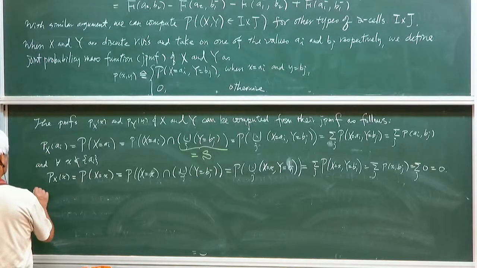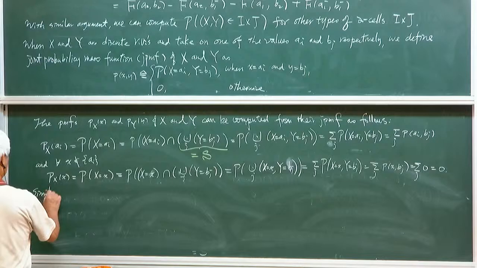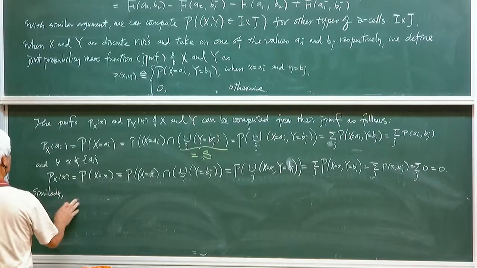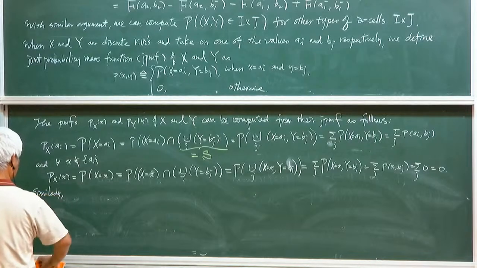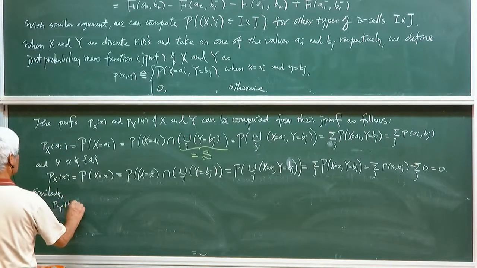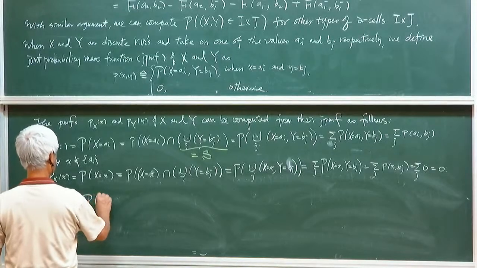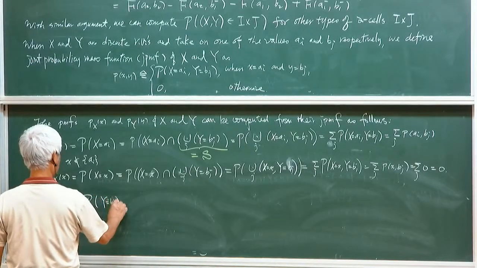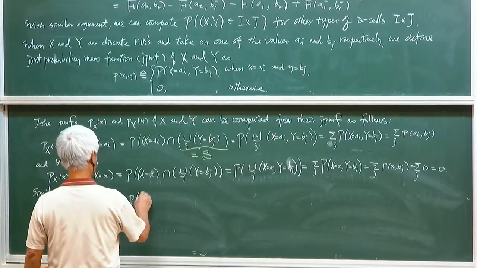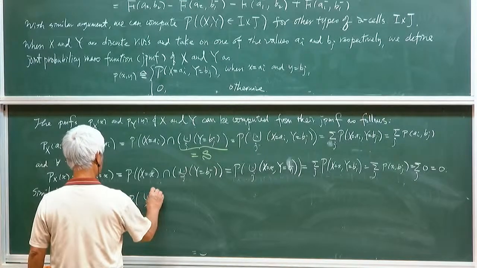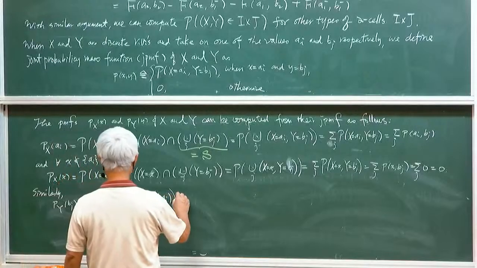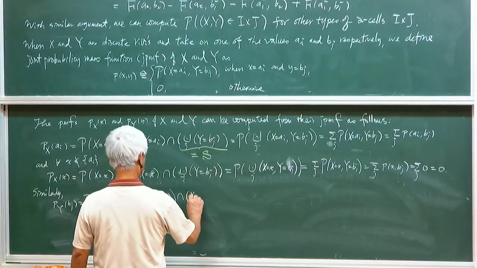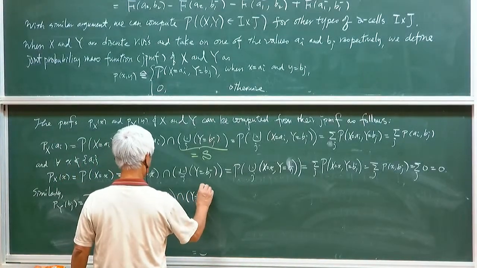All right, and similarly, little p y of b sub j will be the probability that y equals b sub j. This is the disjoint union over i of x equal to a sub i intersect y equal to b sub j.